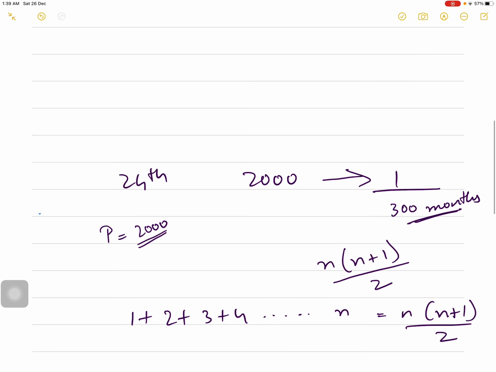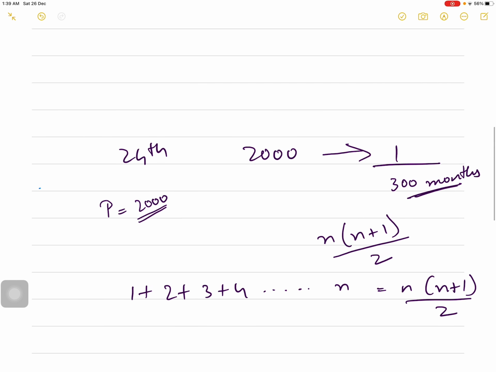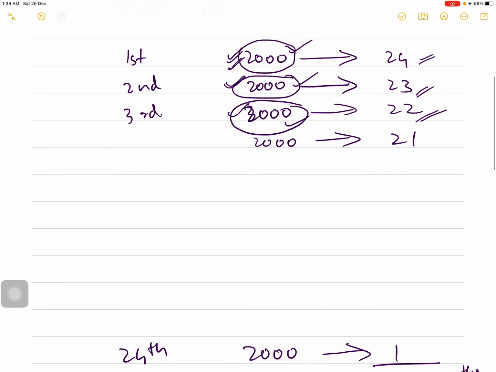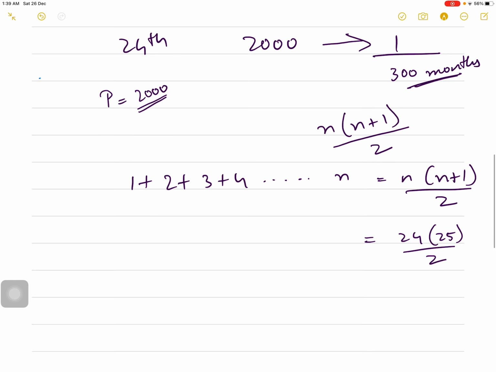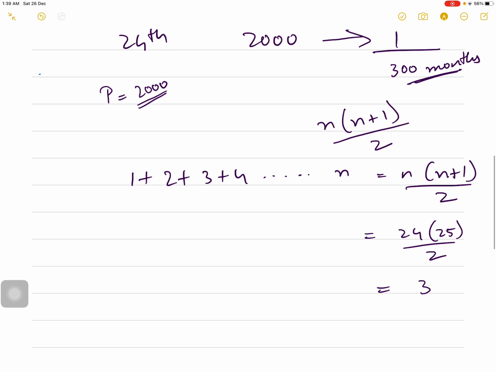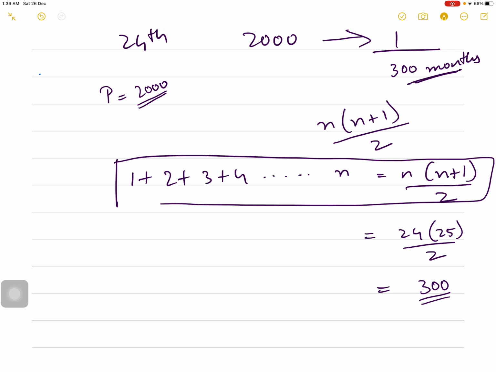Here it is 1 plus 2 plus 3 plus 4 till 24, because 24 months. So the formula becomes 24 into 24 plus 1, which is 25, divided by 2, and when you calculate this, it comes to 300.